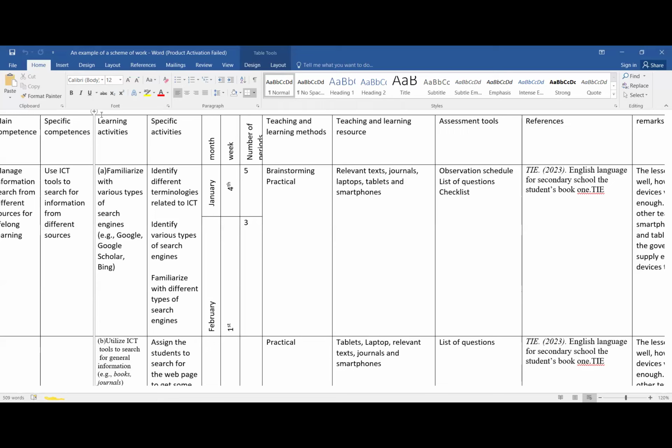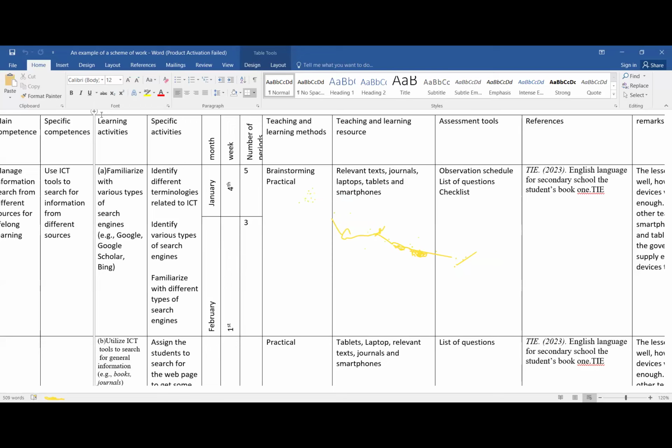You have to write this list of questions in a checklist. Through the checklist you can ask the students the questions, and if they respond, you tick, and you can count how many students responded to the question and how many did wrong.